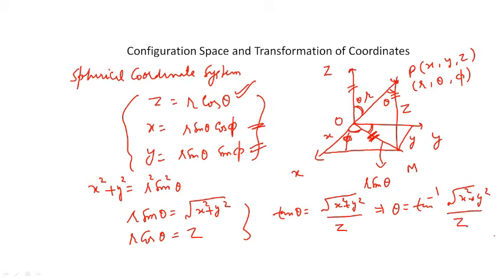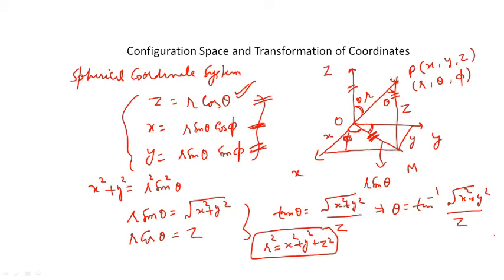Now if you square these three terms, then you can find a relation like r square is equal to x square plus y square plus z square.